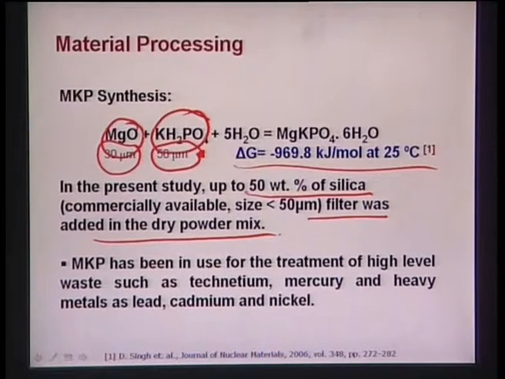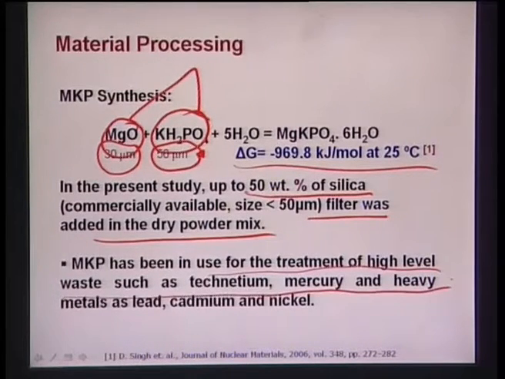The silica has been added to the magnesium oxide and KH2PO4 so that it essentially acts as a chemical bonding agent. Silica will bond the magnesium potassium phosphate hexahydrate in the ceramic matrix, and as I said, this has already been used in the treatment of high level nuclear waste like technetium, mercury, or heavy metals like lead, cadmium and nickel.